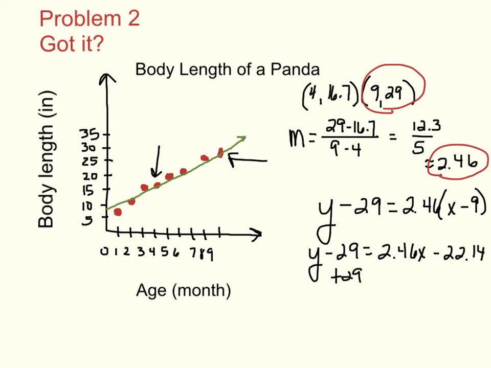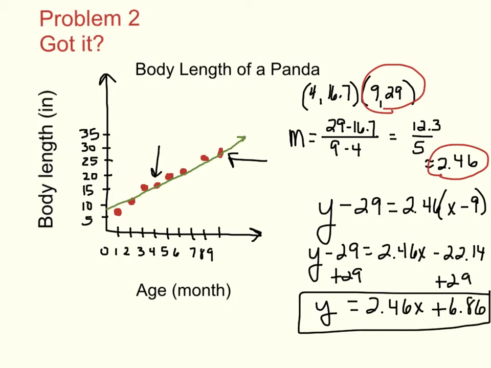I then add 29. Y equals 2.46x, and 29 minus 22.14 gives me 6.86. So there is a trend line that I've drawn in green with its equation. The equation is y equals 2.46x plus 6.86.